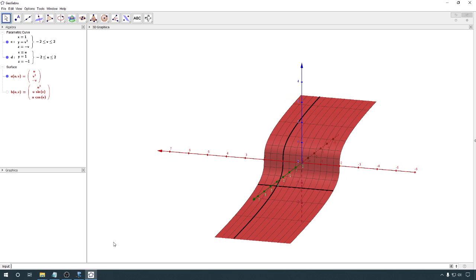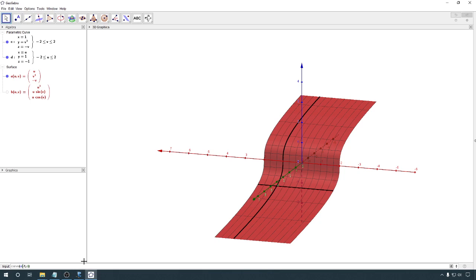GeoGebra will even allow you to use the previously defined functions in the curve command. So if we want to make one of our lines going across on this surface here, the surface was defined as the function a. That's the letter they automatically chose. If we replace the x, y, z in here by a of, let's actually replace the u. Let's replace u by -1.